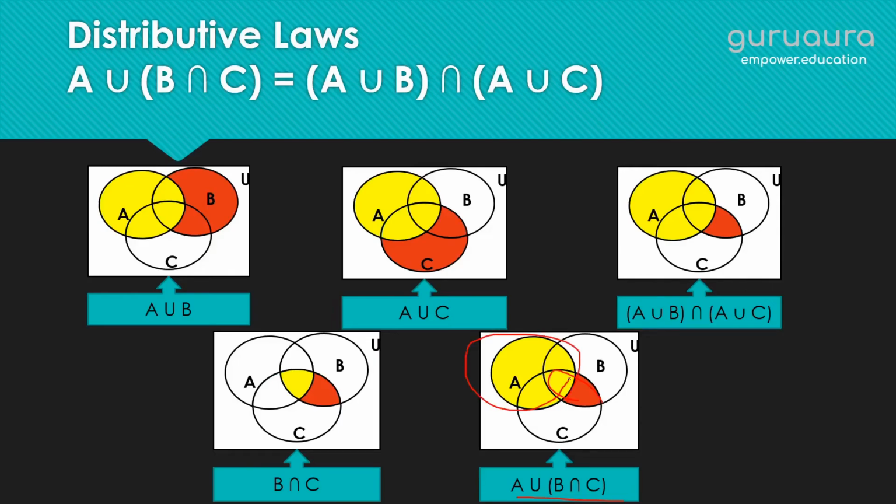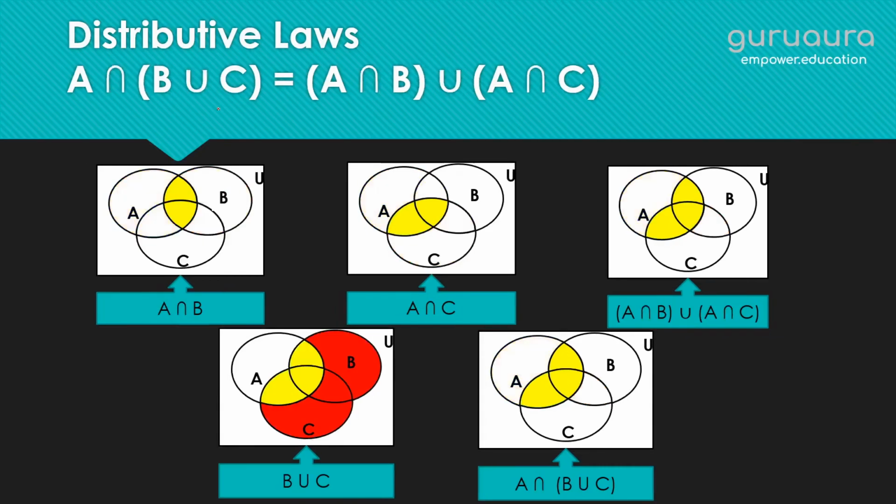You can check A union B intersection C. And this is our right hand side. Isn't it? Now you can see the Venn diagram for the left hand side is same as for the right hand side. Hence proved.